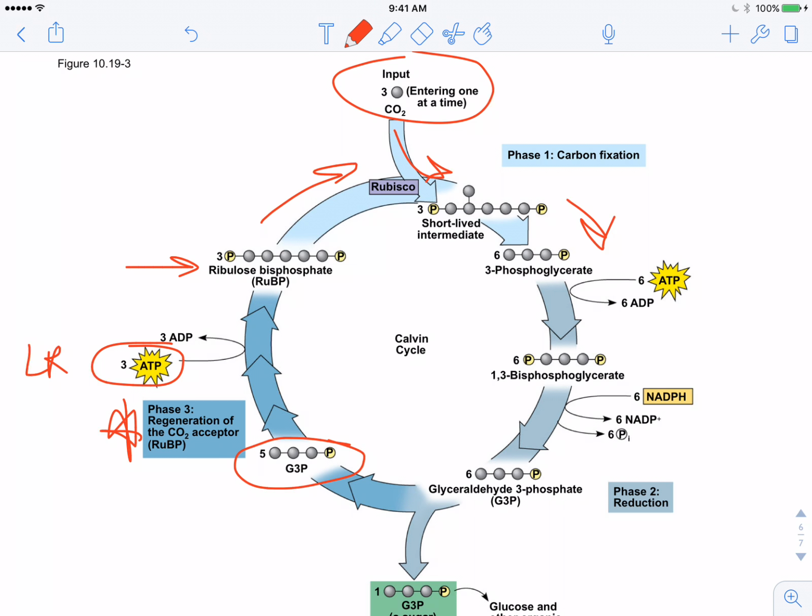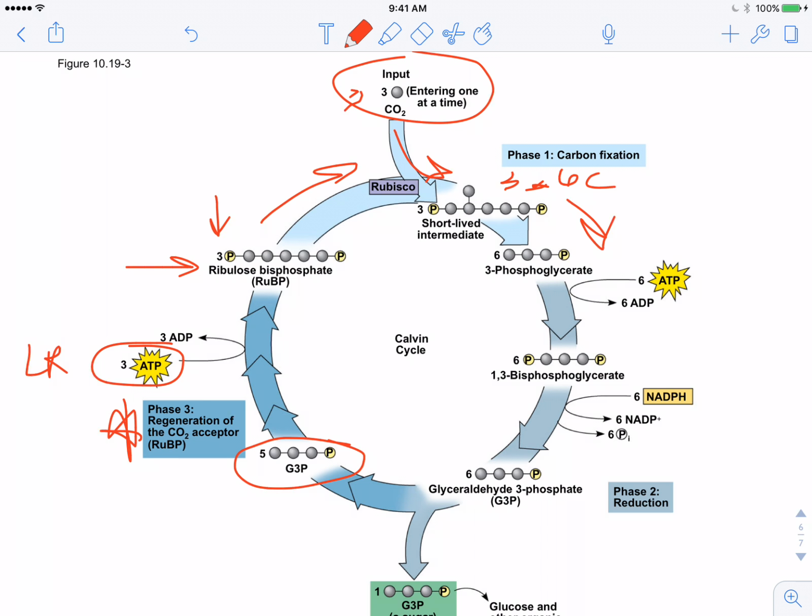So it's important to follow the carbons. 3 times 5 plus 3 equals 6 times 5... nope, sorry, that was bad math. It equals 3 times 6 carbons here.